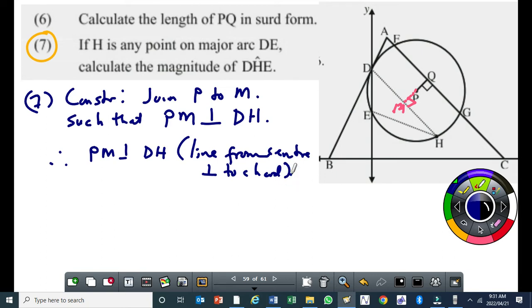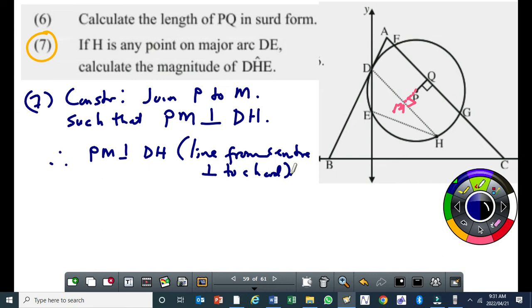Then, I'm sure you can agree with me that yesterday we were given the equation for AC. So what that means is, if DH is perpendicular to PM, it therefore means that DH is parallel to AC.